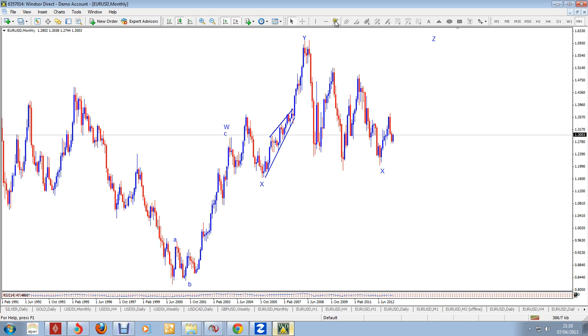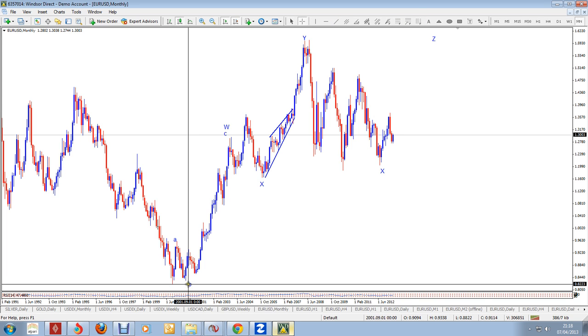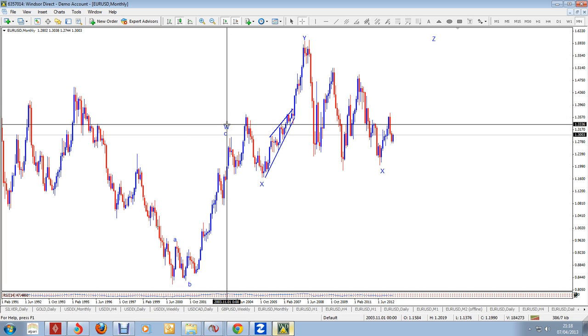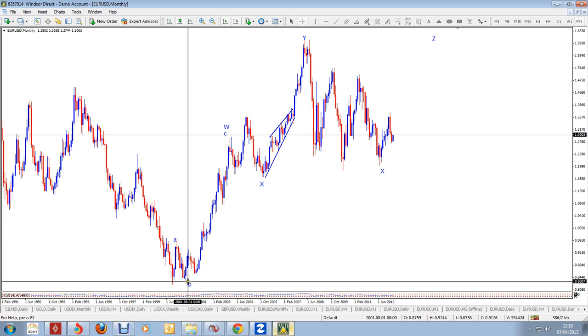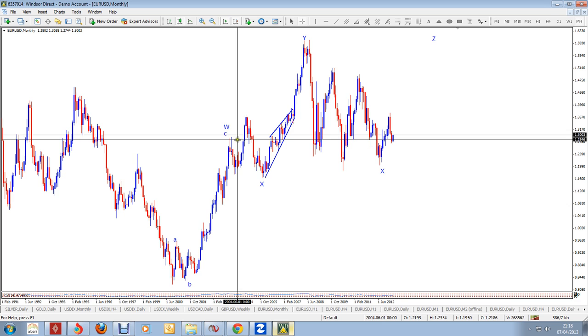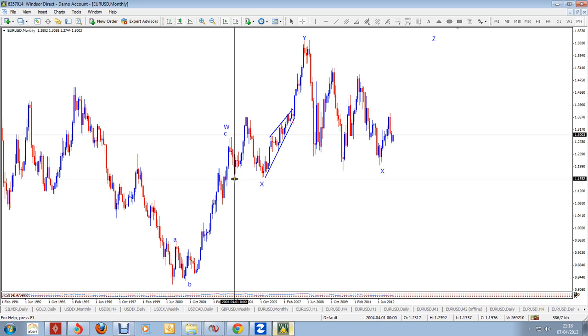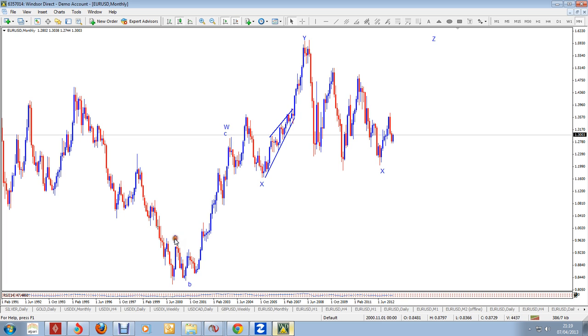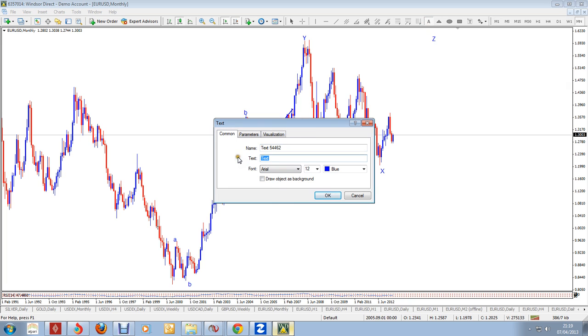So what we've done is we've got wave W, it has A, B and C. Then we have a flat here which basically has wave A here, wave B there, and then wave C to the downside. So this one here is wave C.